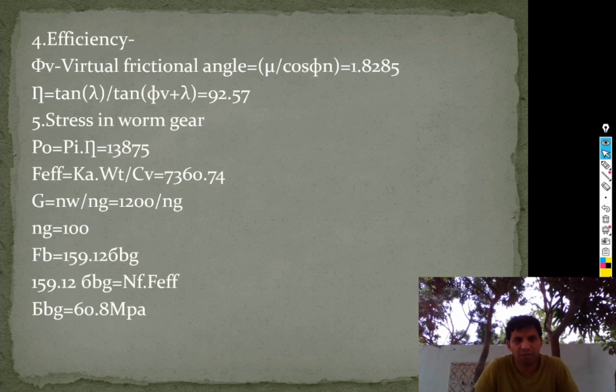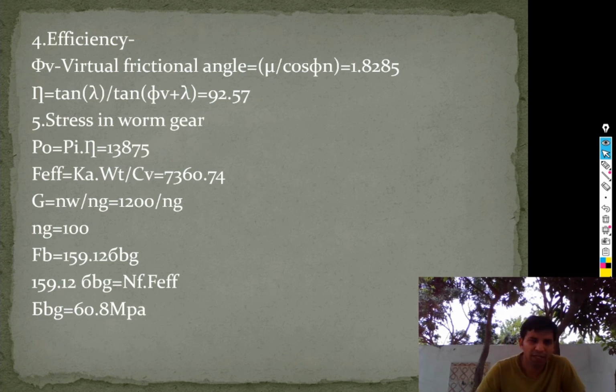After finding the center distance, we go for efficiency. Phi v is the virtual friction angle, and it is equal to mu divided by cos of phi n, where phi n is the normal pressure angle. By putting the values, we can easily find the virtual friction angle, that is 1.8285.